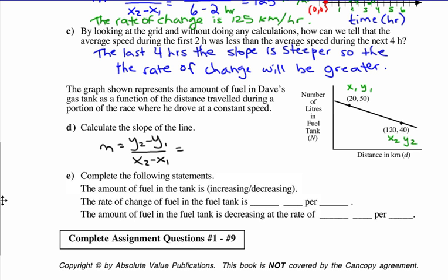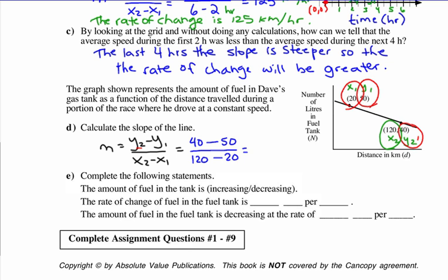So we start with y2, and y2 is 40. So we have 40 minus y1, and y1 is 50, divided by x2, and our x2 is 120. Subtract x1, and x1 is 20.